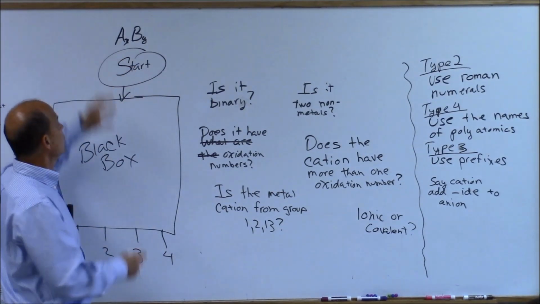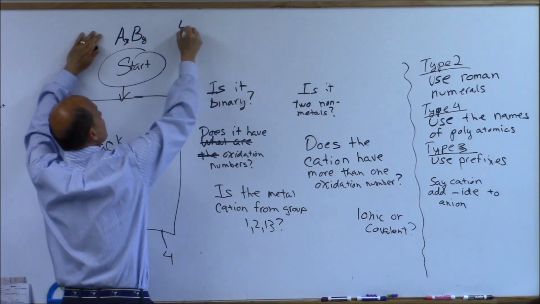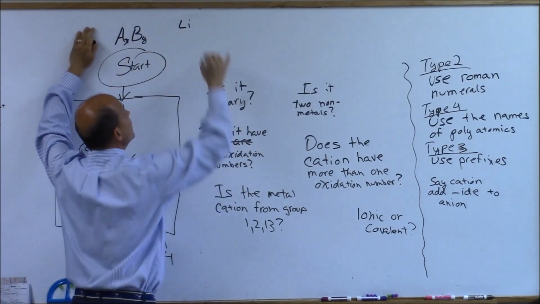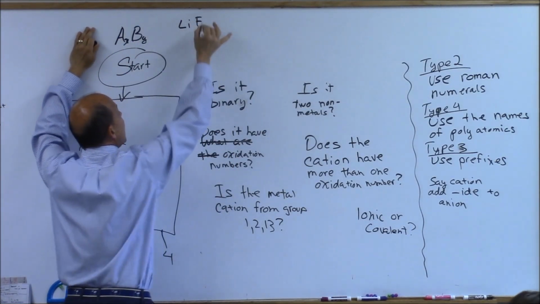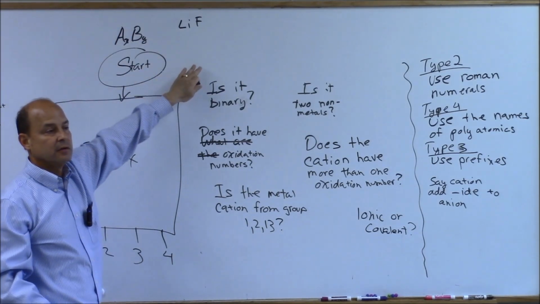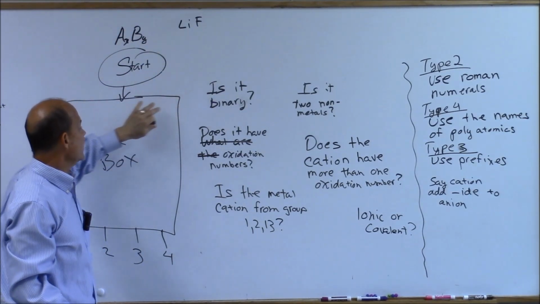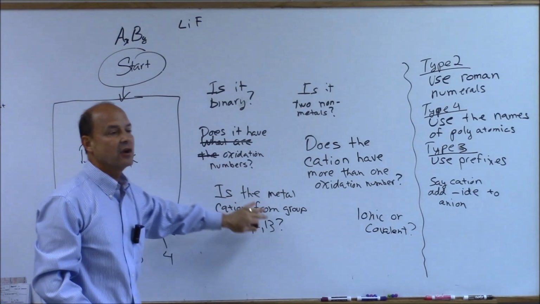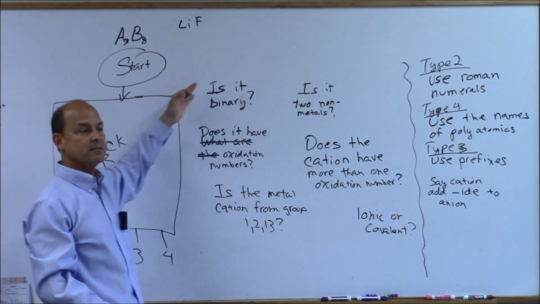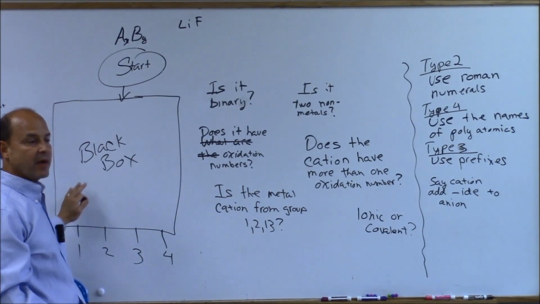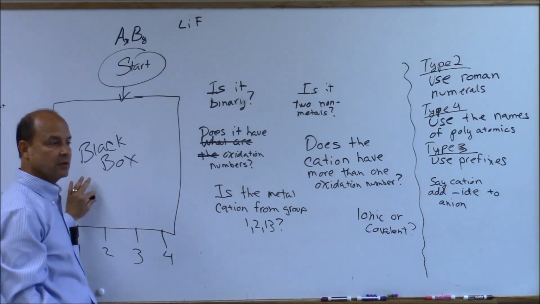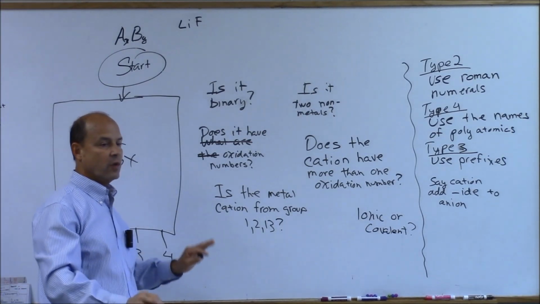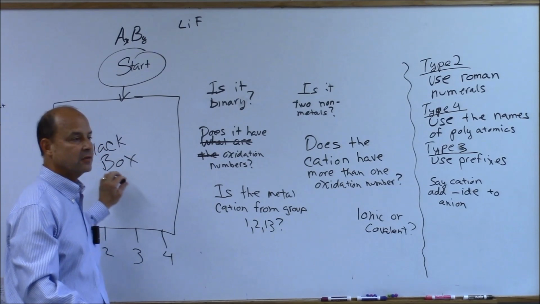So if I give you, for example, if A happens to be Li and B happens to be F, then you might ask yourself, is there a metal? Well, yes, lithium is a metal, and that'll take you down a different path inside the black box. Can you kind of see where I'm wanting to get you to go with this?